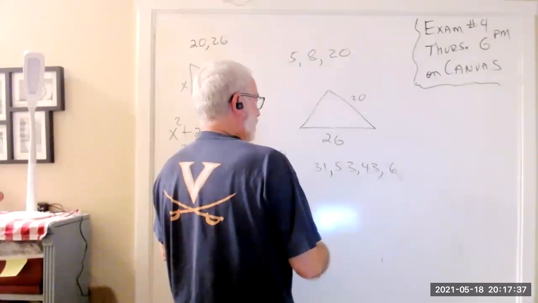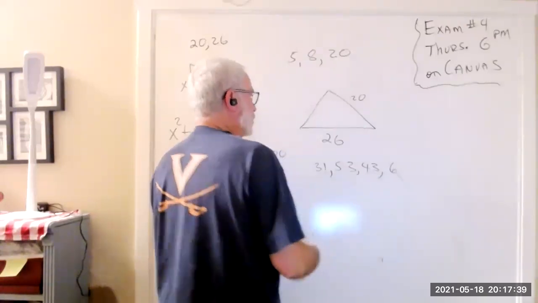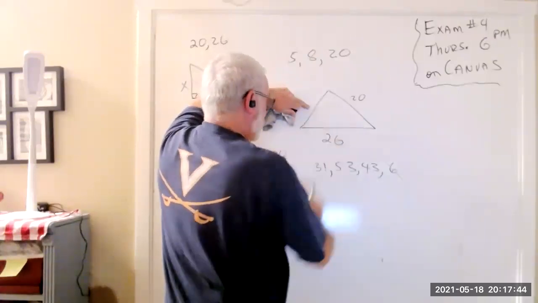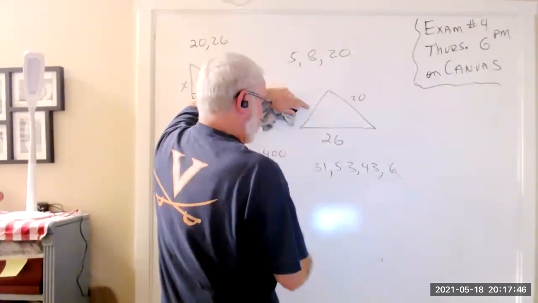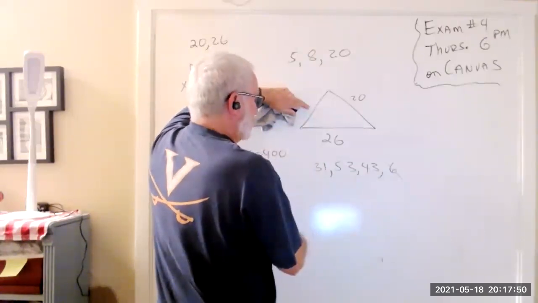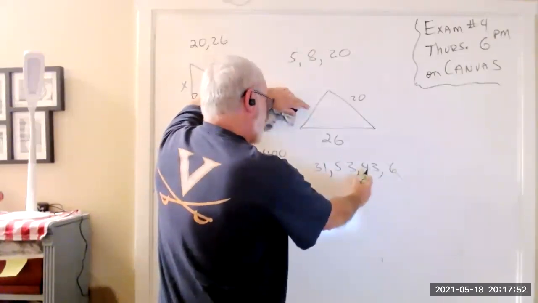So there was also 43. Okay. So if this was 43, does that work? Is the sum of any two bigger than the third? That seems to work, doesn't it? What about 53? No, it's odd.